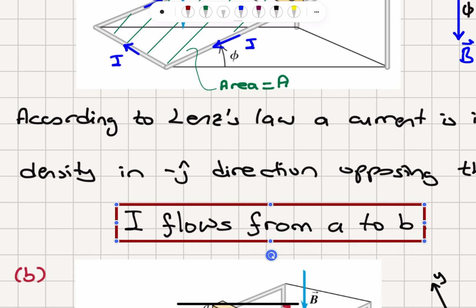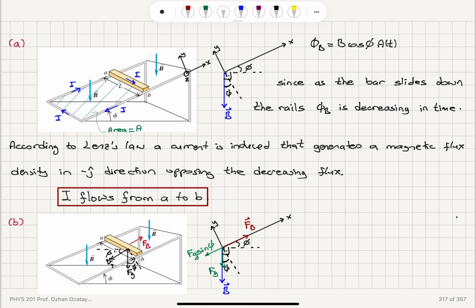That's the answer to this question, because the area of the loop is decreasing in time. That means the flux is decreasing. So we need a generated flux density that is also in the downward direction, or in the minus j hat direction rather, so that this decreasing flux, B cosine phi times area A, is compensated for.